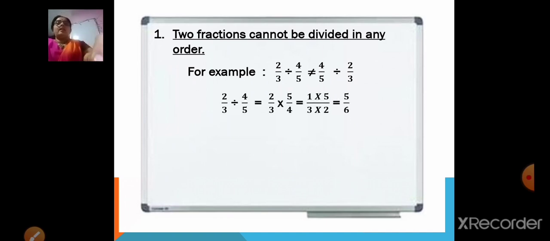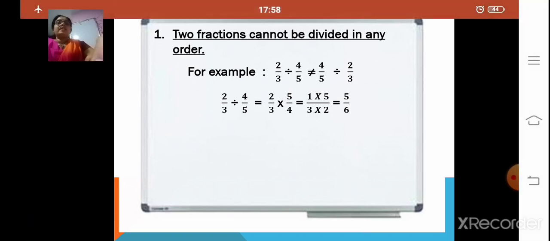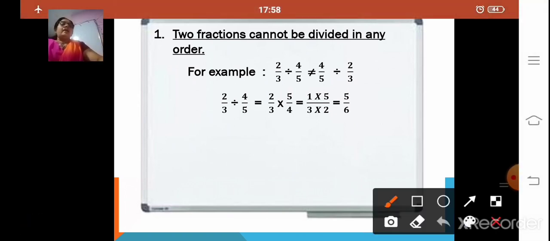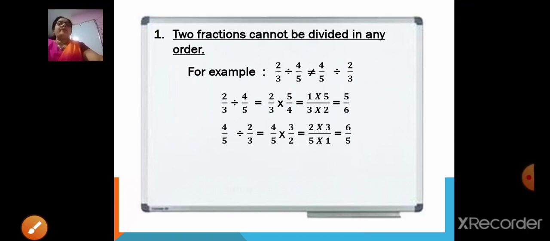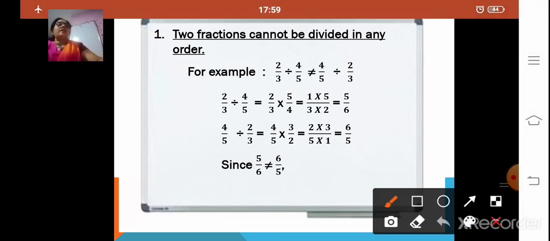Let us see why. Now see here the first example: the first fraction we have taken is 2 upon 3 divided by 4 upon 5. When we simplify this, we get the answer as 5 upon 6. In the same way, if we change the order and simplify 4 upon 5 divided by 2 upon 3, we get the answer as 6 upon 5.